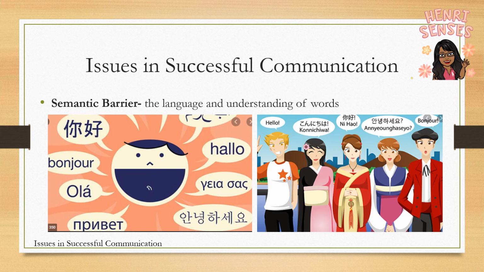That's how they understand the message. So that has something to do with the language we are using. That is semantic barrier.